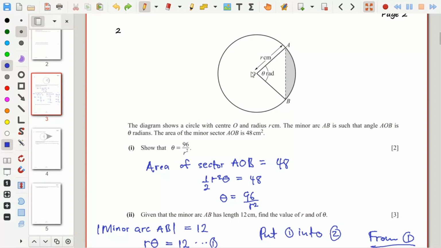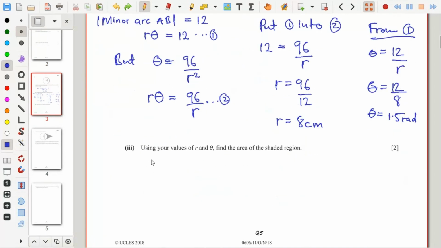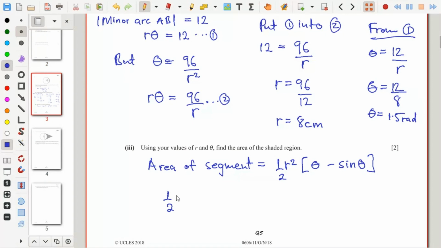So area of segment is given by half r squared into brackets theta minus sine theta. So I'm going to get half, your r is 8 squared.